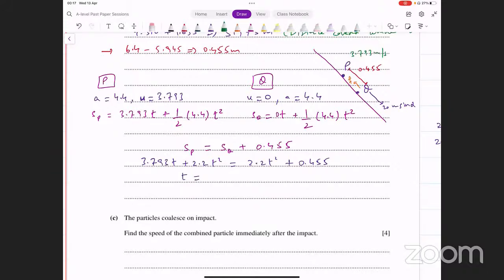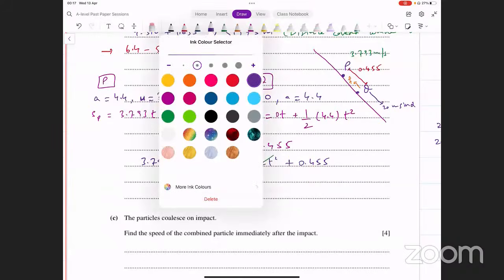What does that turn out to be? ये तो cancel हो गया. T is 0.455 divided by 3.793, and that is 0.12. This is the time that it takes.